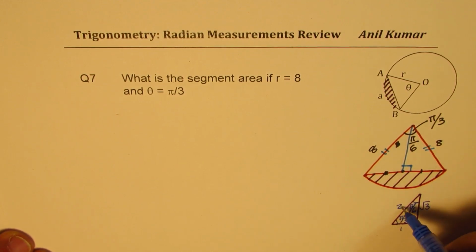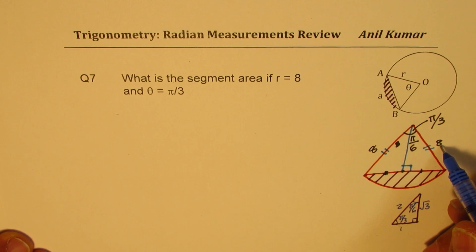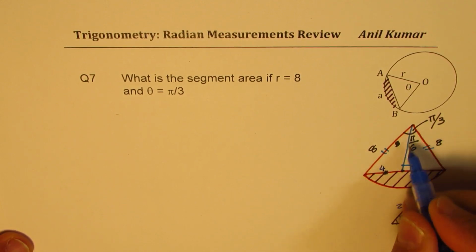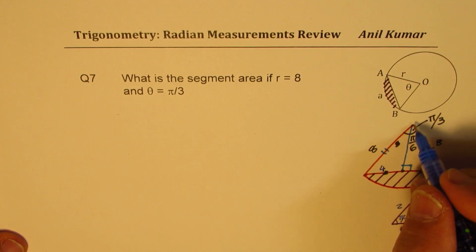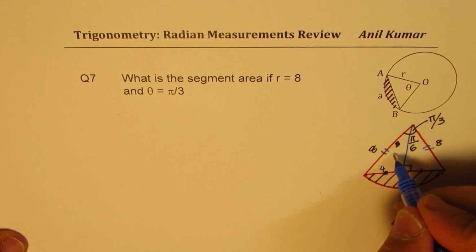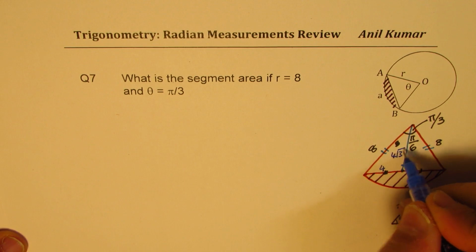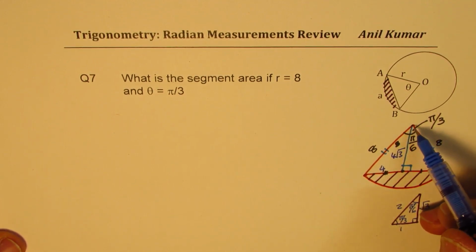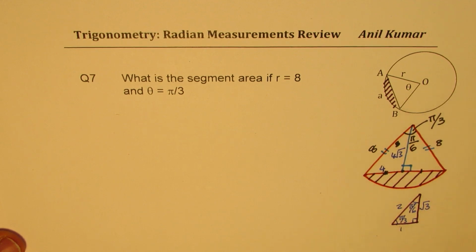So we know this side is 8, the other side has to be 4, and the altitude should be 4 square root 3. Or you could use trigonometry to find the height. Use any method you like.